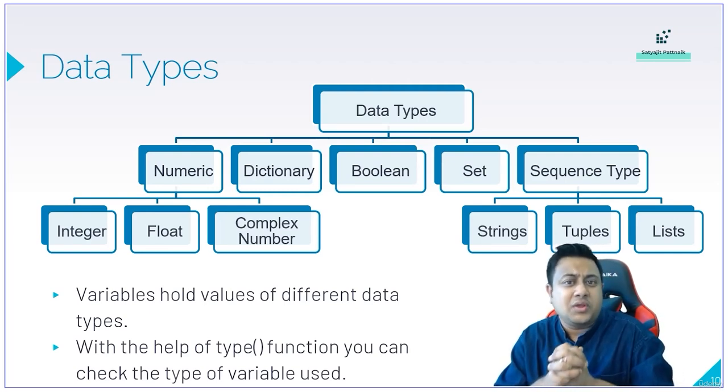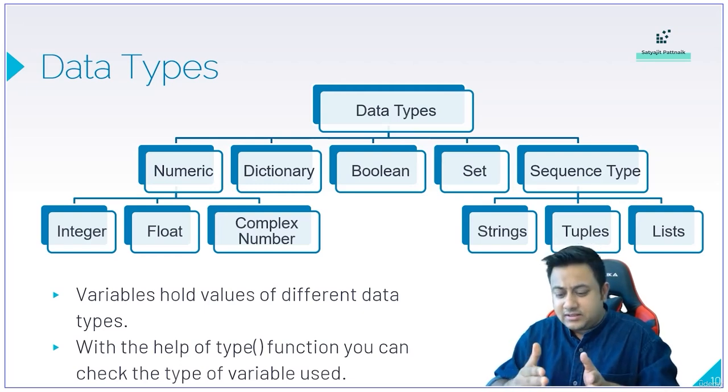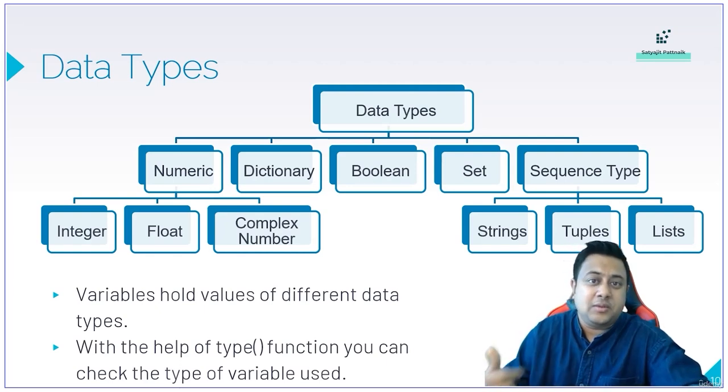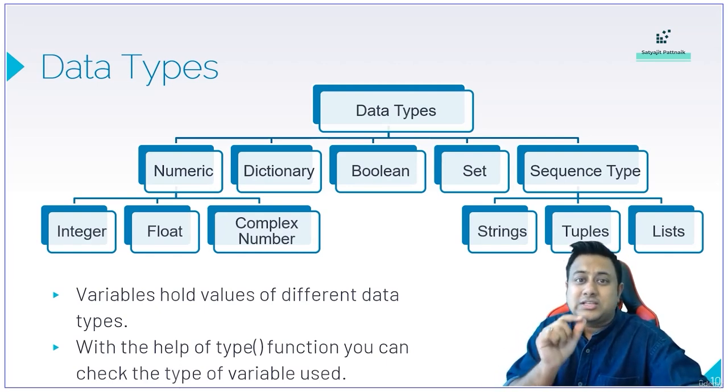Now, what are sequence types? That means they store values, they store records in sequence. Like string is a sequence type, it's a sequence of characters. Multiple characters combine together to form a string variable, like hello world, like hello. Hello has five characters.